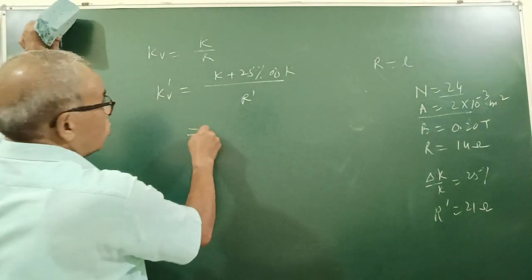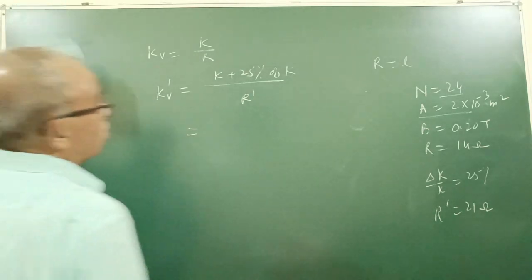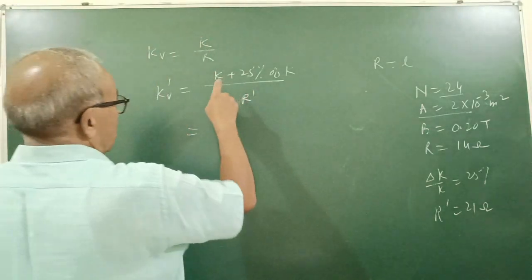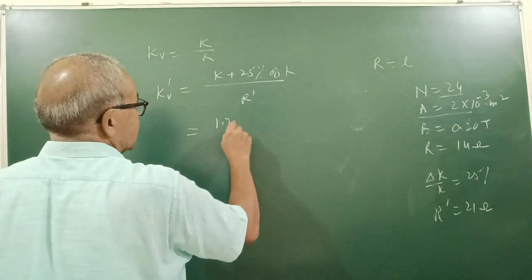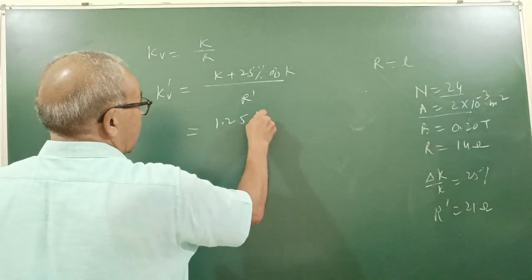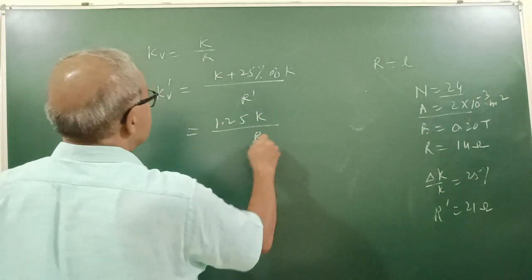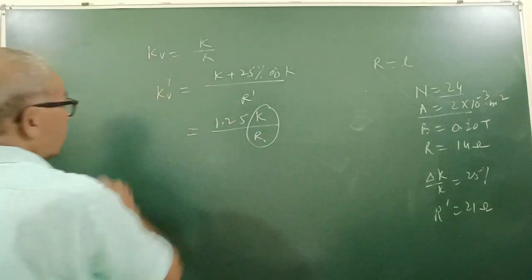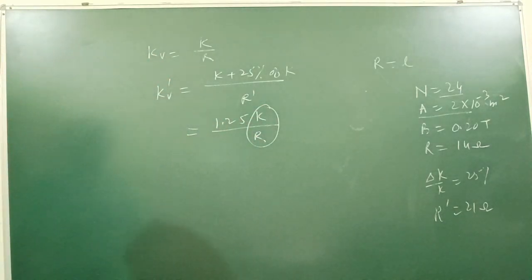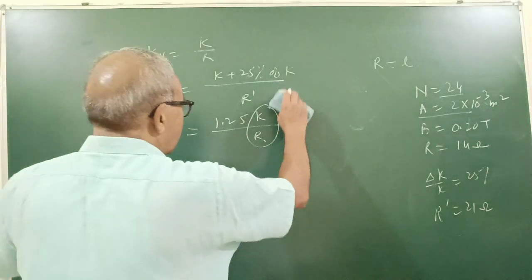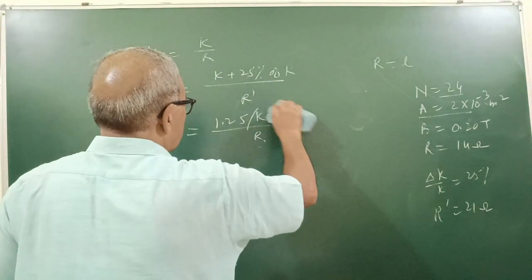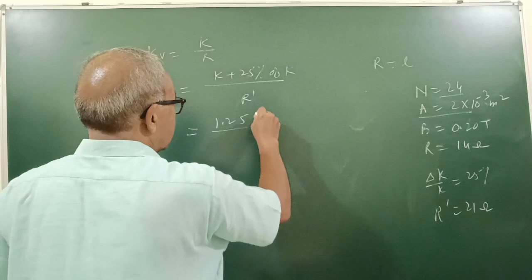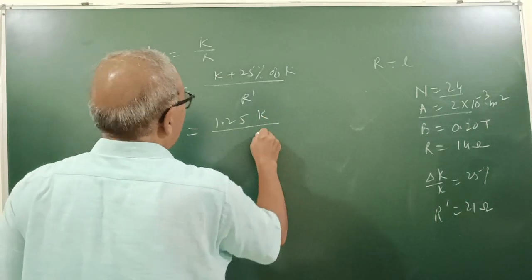Or it is equal to 1.25 K upon R dash. This K by R is equal to KV. Sorry, K by R, sorry. K upon R dash.